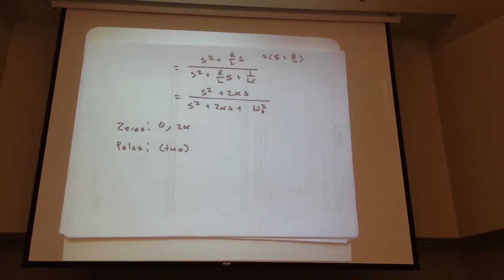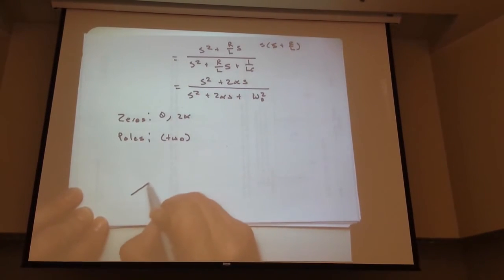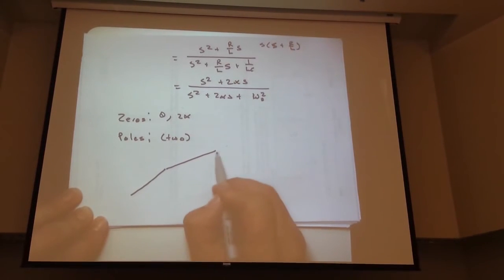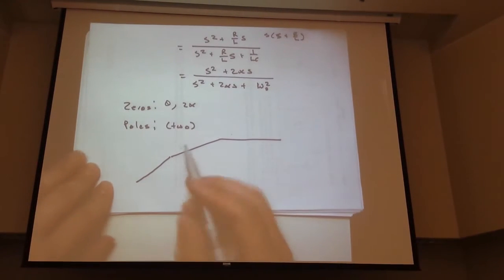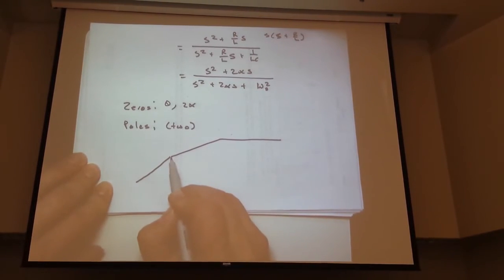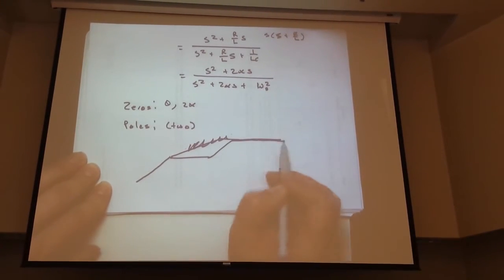And so what does this look like? Well, it depends what alpha and omega naught are. But there's a zero at 0, and then we would perhaps cross a pole, maybe it does something like that. Yeah, I think actually it's going to be something like this maybe. Flatten out, step up.